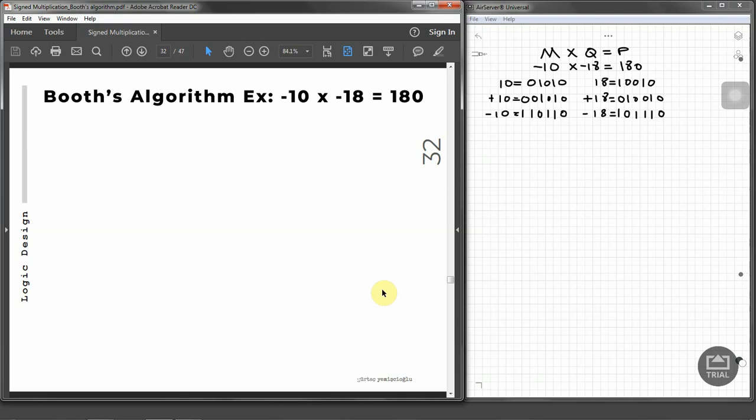Next thing to do is to start our algorithm. Now M is minus 10 and Q is minus 18. That's what we are going to use. Let's write it down. So n, how many bits do we have? We have got in total 6 bits. A needs to be 6 zeros initialization.